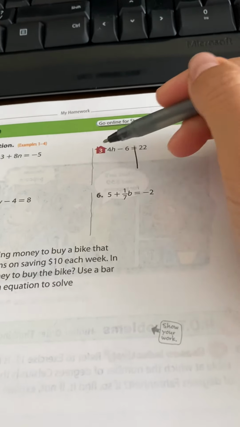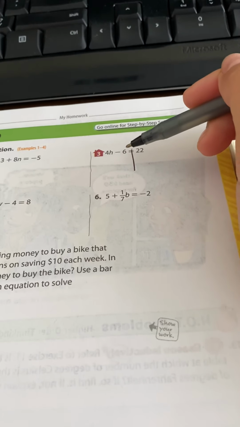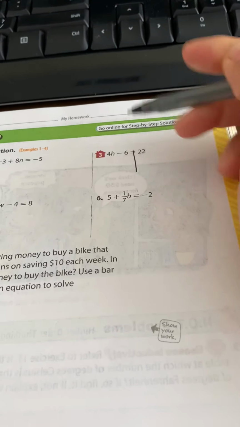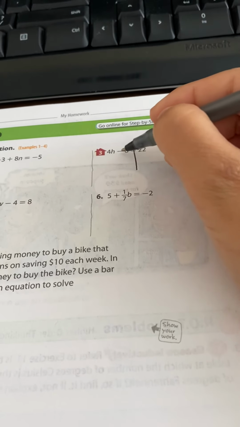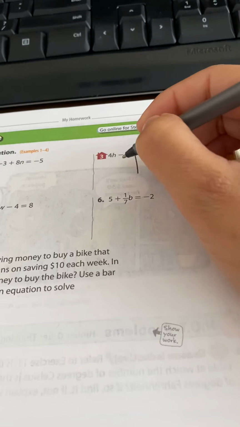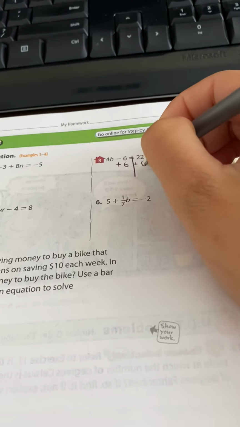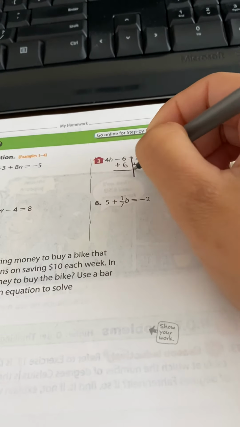Now we have to look at which number does not have the variable next to it. In this case, it's the 6. And we see subtraction. The opposite of subtraction, the inverse of subtraction, is addition. So we're going to do plus 6 on both sides.